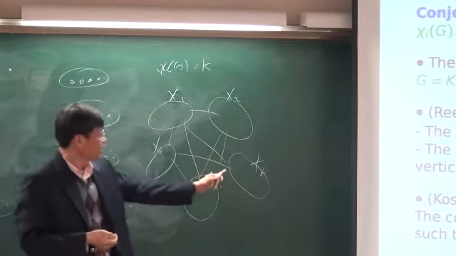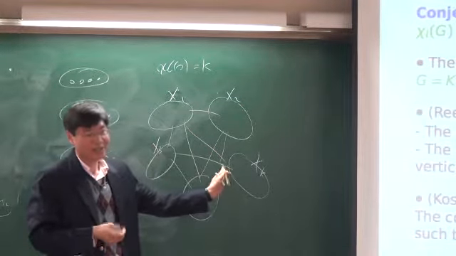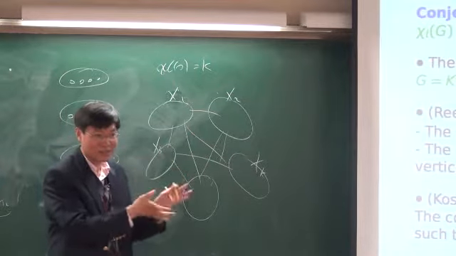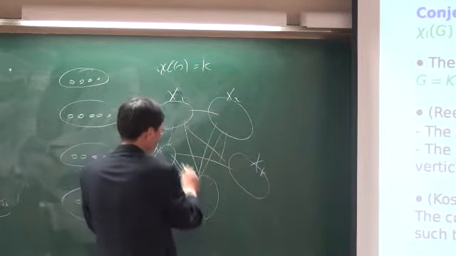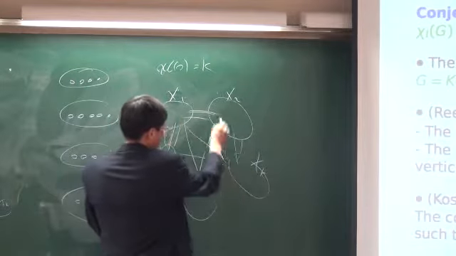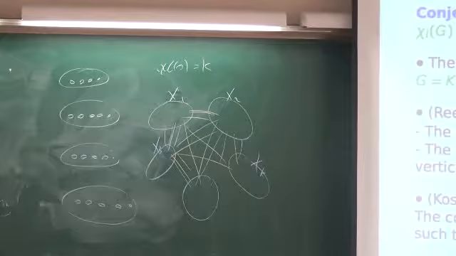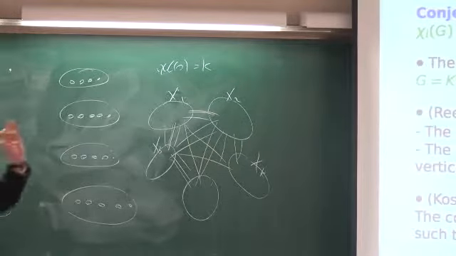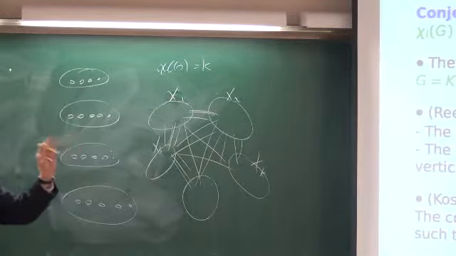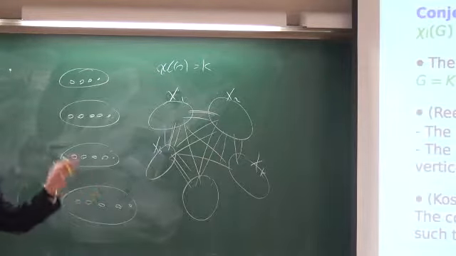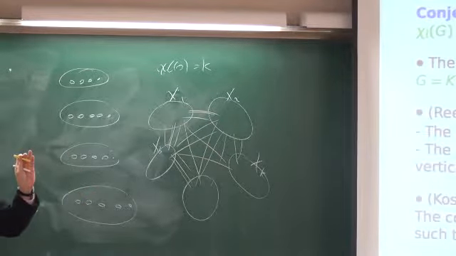So in this way, the number of vertices and the chromatic number are not the same, even though we add all the edges. So actually the complete multipartite graph is the extremal case. It means if we show that the conjecture is true for complete multipartite graphs, then it is true for general colorings.